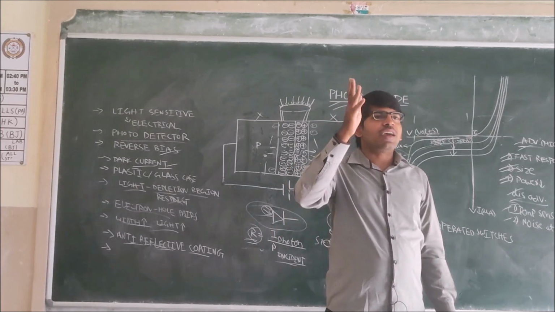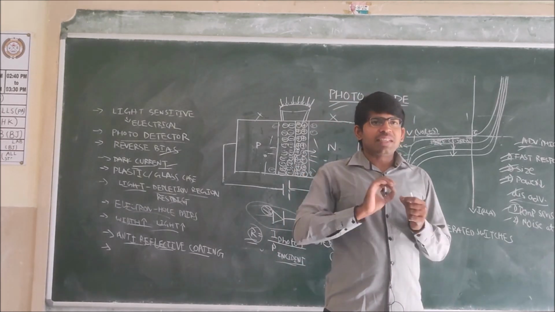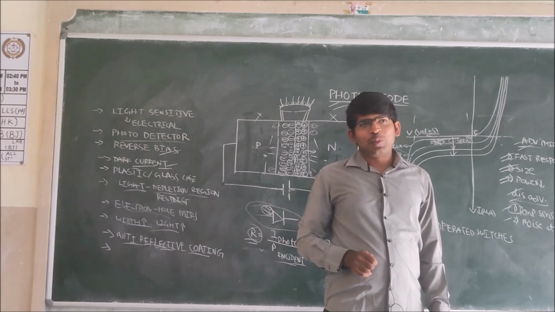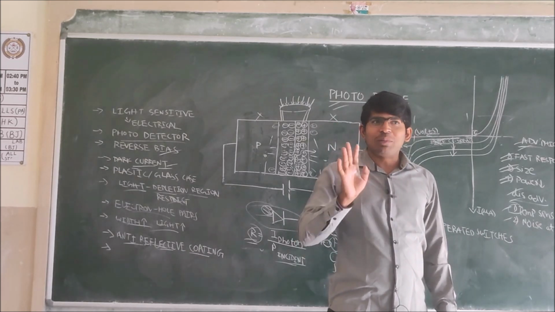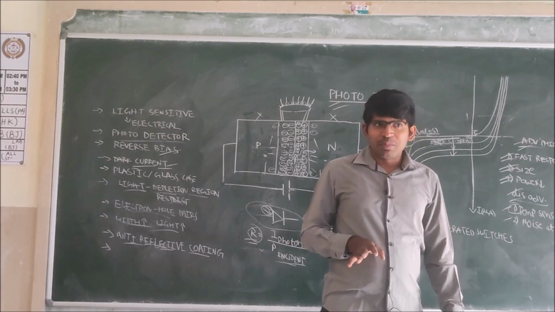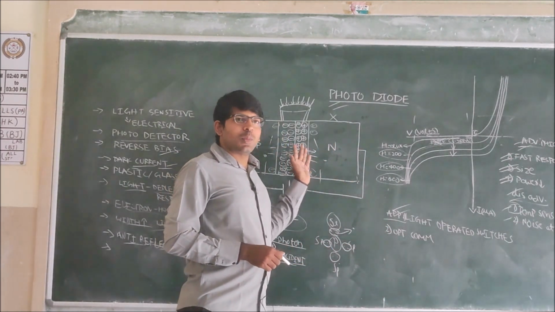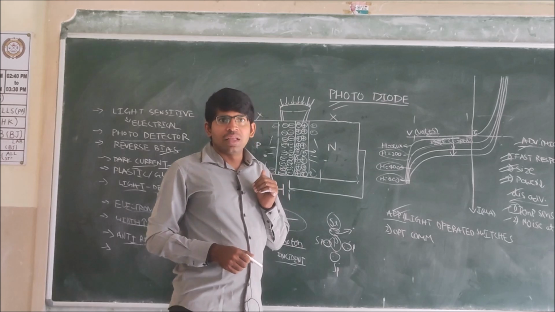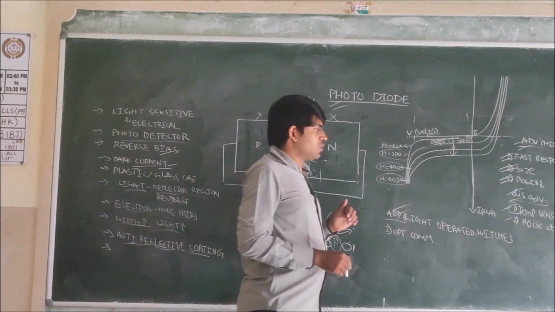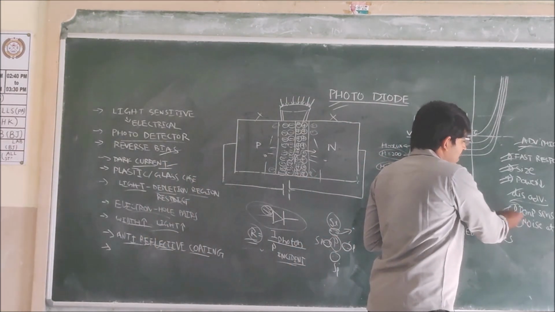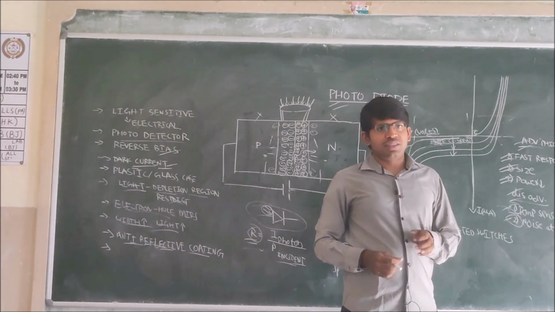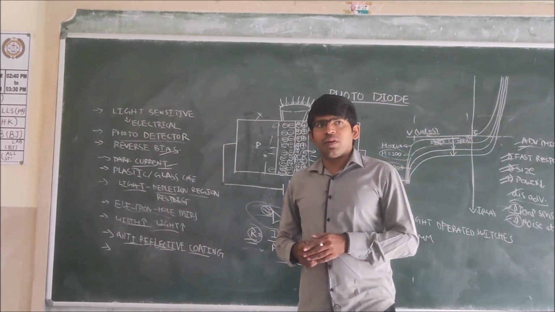If you give some matchstick fire to the photodiode, you can observe some current, because with the temperature, the electrons in the covalent bonds get excited and we observe some current. That is one disadvantage. And there is noise at high frequencies. That is also one disadvantage.